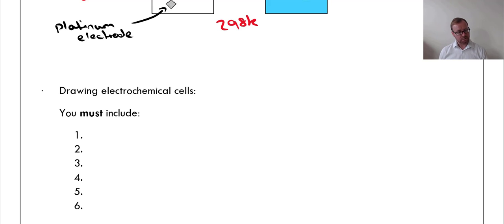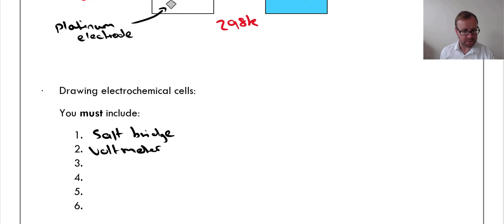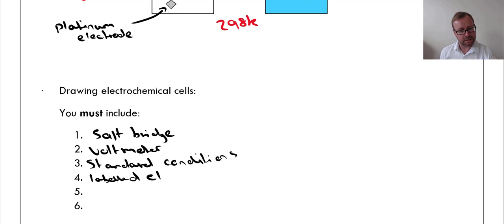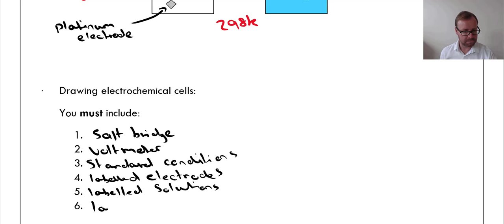Okay, so drawing electrochemical cells, what do we need to include? Well, we need a salt bridge, we need a voltmeter, we need to label standard conditions, we need labeled electrodes, labeled solutions, and labeled gases.